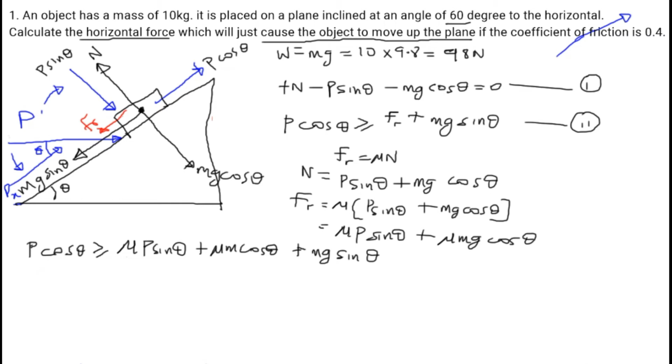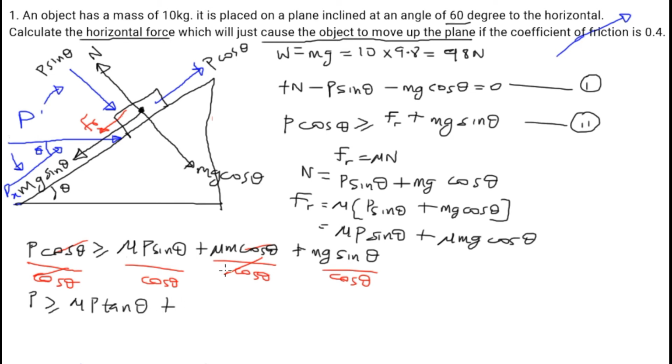The cos theta cancels out, and sin upon cos is equal to tan theta, so that P is greater than or equal to mu P tan theta plus mu mg plus mg tan theta.